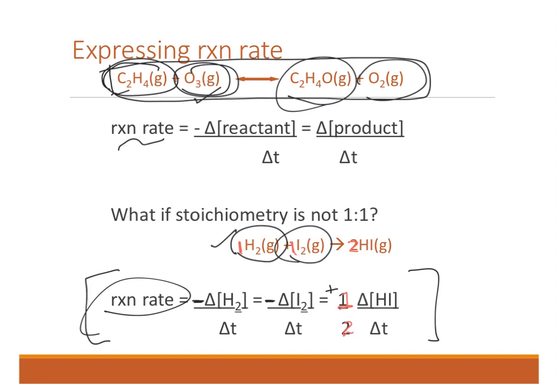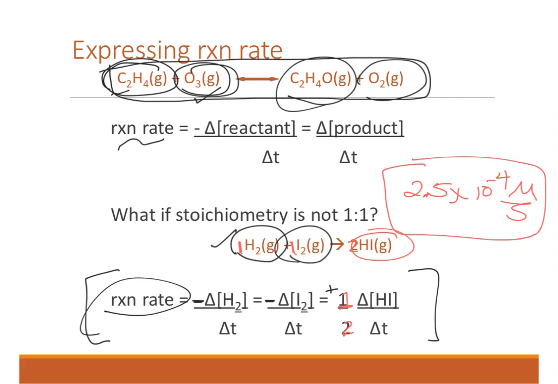Let me explain that. If a problem said the rate of this reaction with respect to hydrogen iodide is 2.5 times 10 to the minus 4 molar per second, you wouldn't do anything to it. That is the rate they gave you. Don't divide it or multiply it by anything.